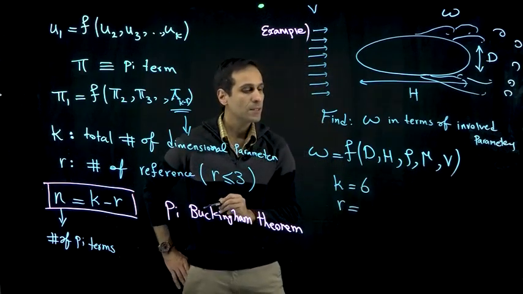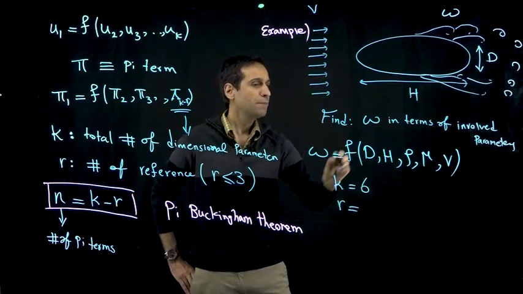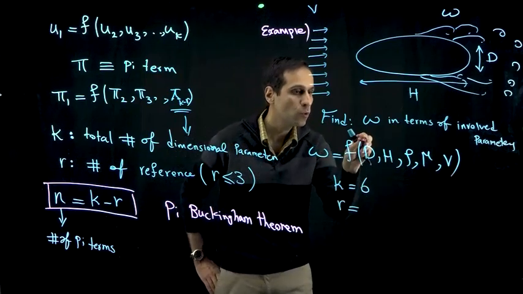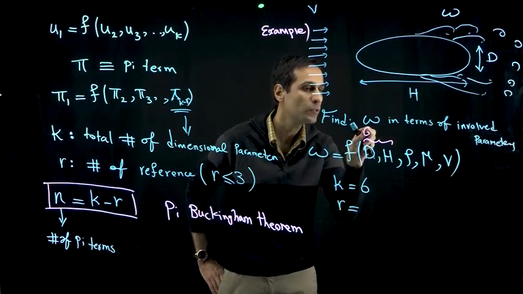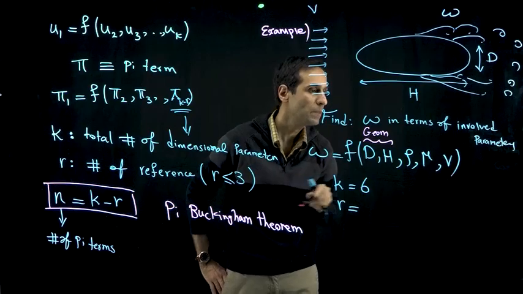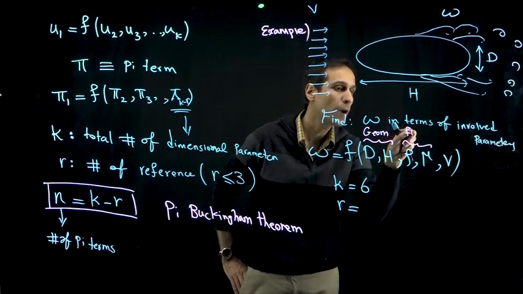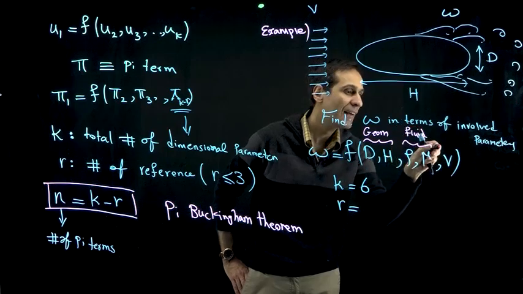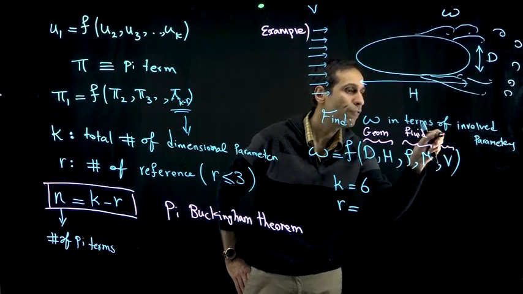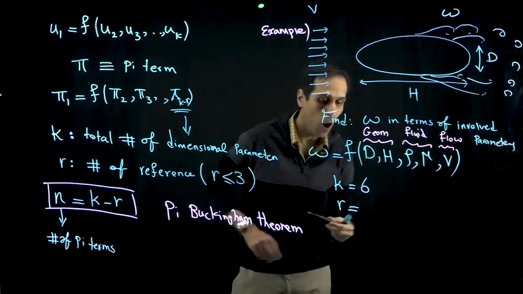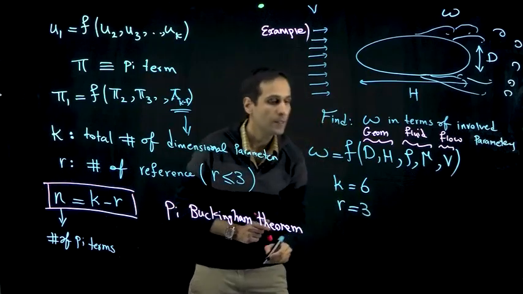The reference values are: these two are reference 1, geometry. These two are reference 2, which is called fluid property. And this is flow property. So all three are present here.